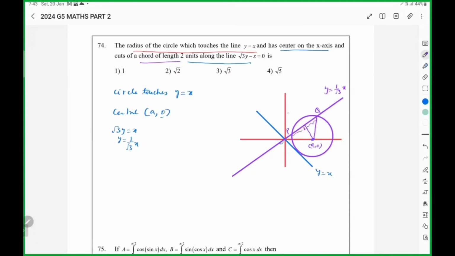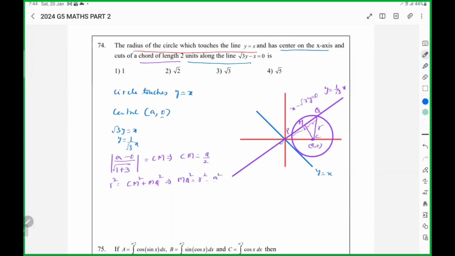So here, this line equation, I will utilize each and every piece of information. Say this is R, and say CM is the distance from the center to the line. So R square is CM square plus MQ square.